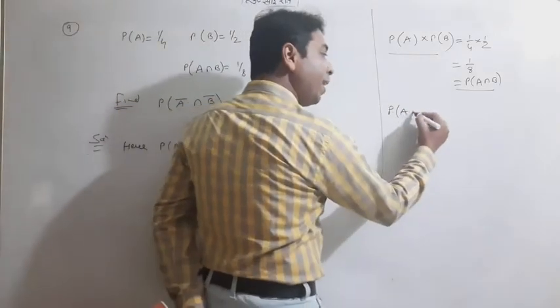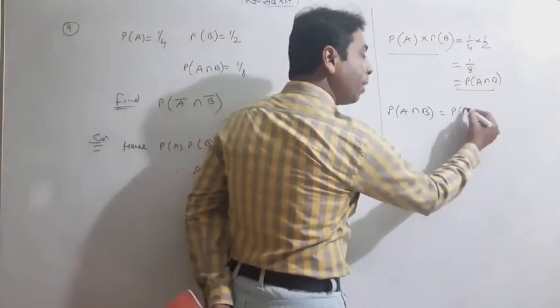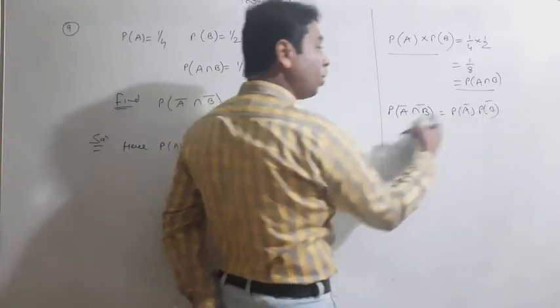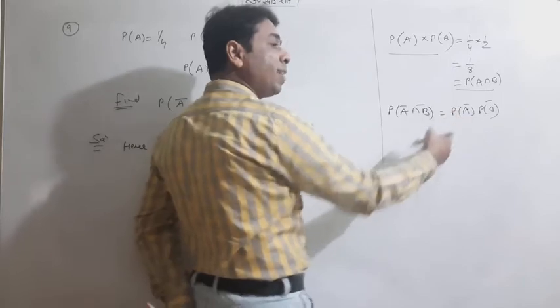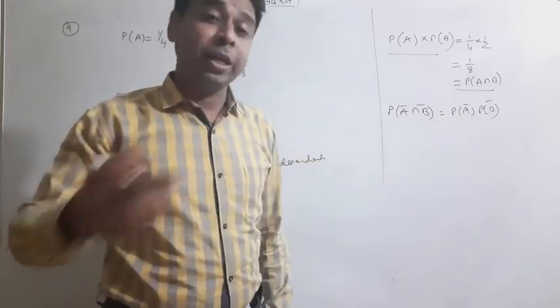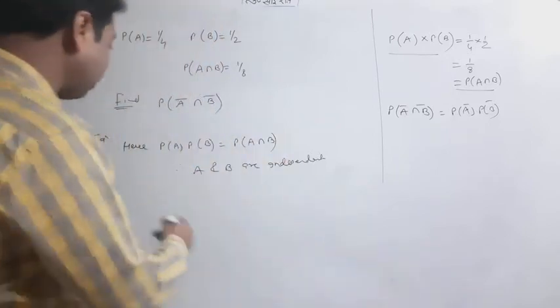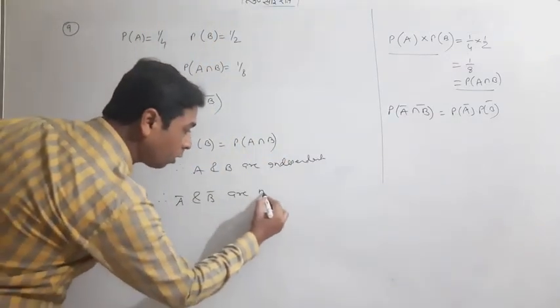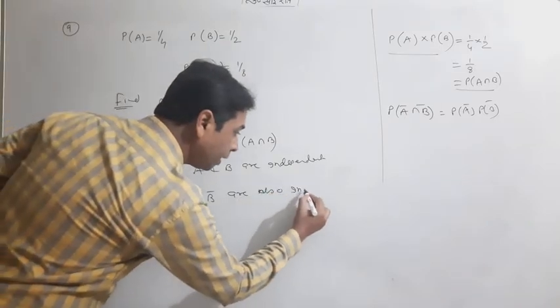So if A and B are independent, one can write the formula P of A into P of B. For P of not A intersection not B, I can write P of not A into P of not B, because A and B are independent. So A not and B not are also independent. Therefore A not and B not are also independent.